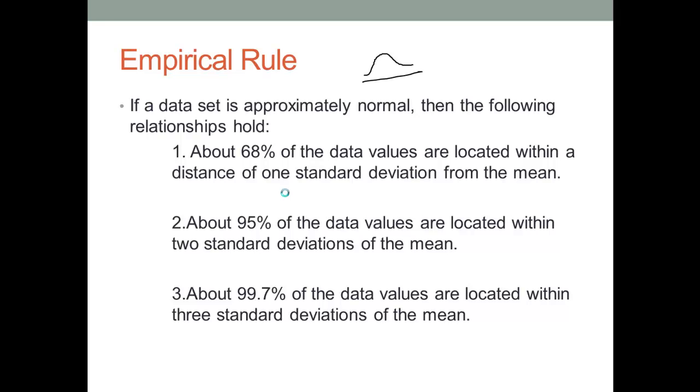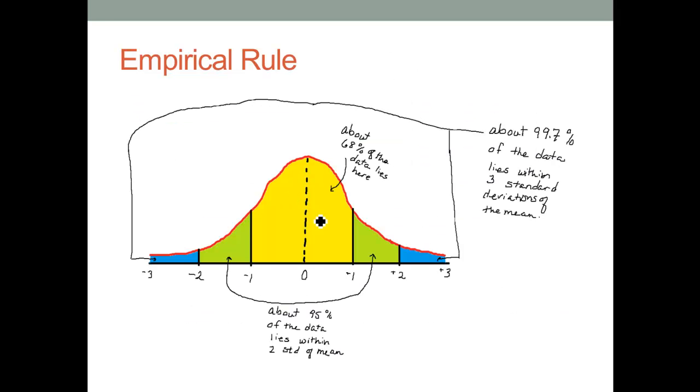So what does that actually mean? Well, here is a bell-shaped distribution. This dotted line is the mean. This is minus one standard deviation, plus one standard deviation, and 68% of the data is going to lie within this yellow region. 95% of all your data is going to go between these two green regions and this yellow region.